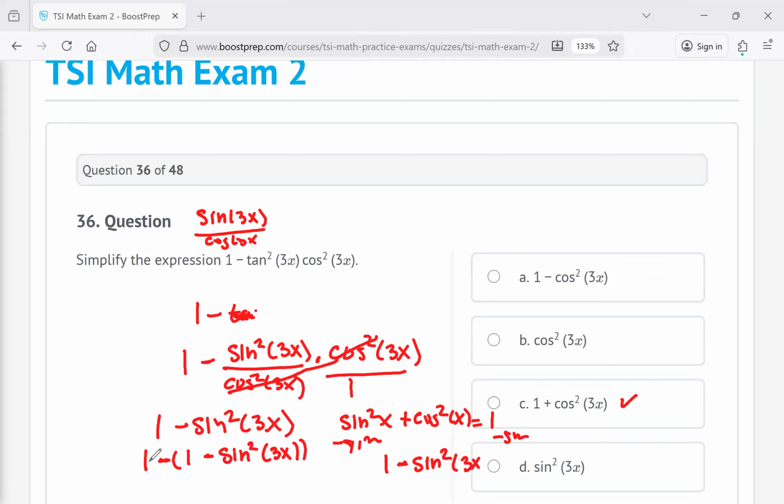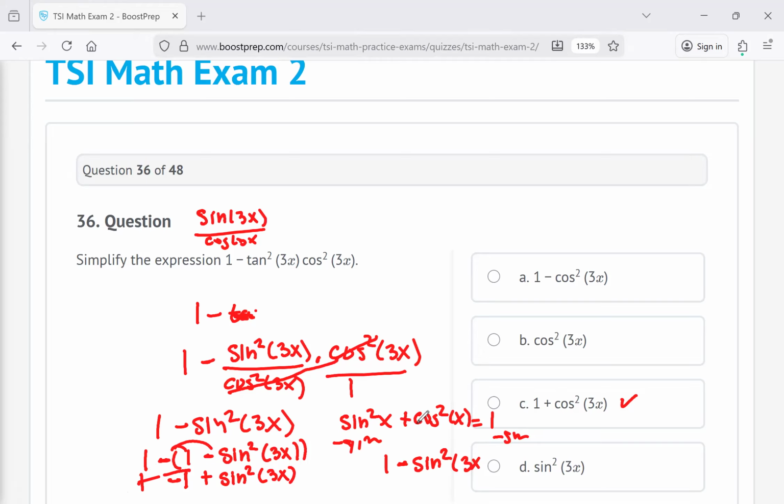Okay. If I FOIL this, the minus is going to be minus 1, and then this is going to be positive sine squared 3x. And you have a 1 here, so this cancels. And now you're left with, oops, I made a mistake.